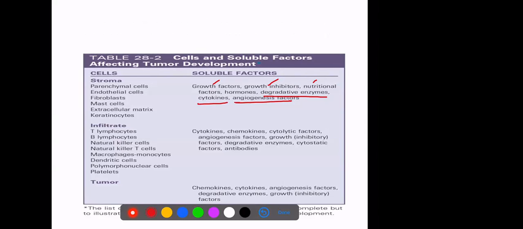So this tumor will overcome all these inhibitory signals by sending different messages and different signals, ultimately leading to tumor development. The same thing occurs in the infiltrating cells: cytokines, chemokines, cytolytic factors, angiogenesis factors. Everything will be secreted by the infiltrating immune cells also.